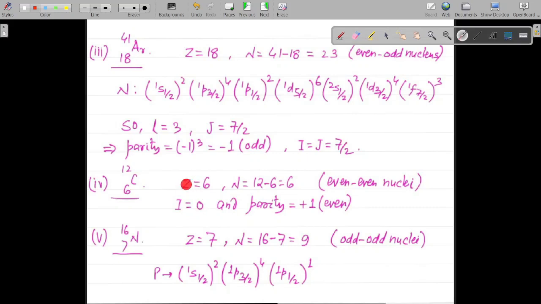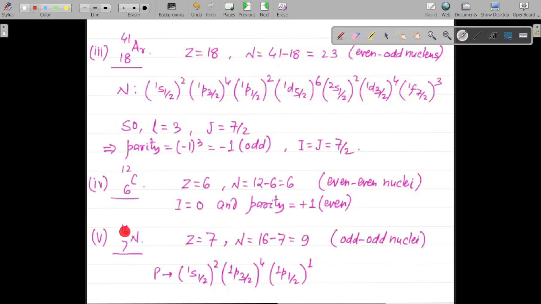It is very clear: because it is an even number, and it is also an even number, all of the nucleons will be paired up. All of the protons will be paired up and all of the neutrons will be paired up. So I equal to 0, the ground state spin will clearly be equal to 0. Now parity equal to plus 1. Parity will clearly be equal to plus 1, because it is even. So parity will be equal to plus 1.